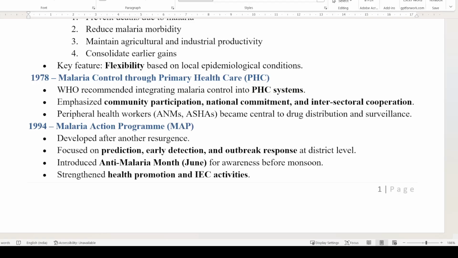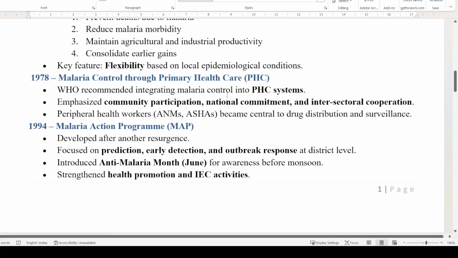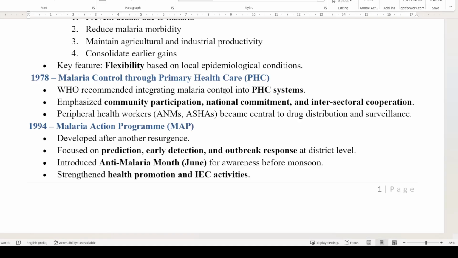Then in 1978, malaria control through PHC was introduced. PHC means that at every level of the healthcare delivery system of India, the PHC is the smallest unit. PHC is the primary healthcare unit. So this program was directly integrated into the PHC system, so that every PHC should work on malaria control, so that wide coverage, almost 100% coverage, can be there.